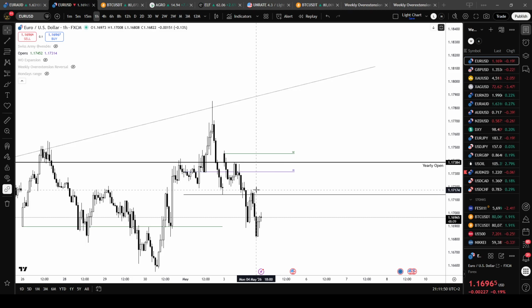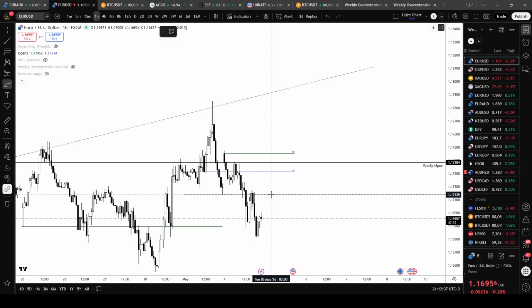The fact that we've already traded into the level has just made me run out of ideas for stepping in short here. So I think the probability of a short working here is reduced due to this detail.